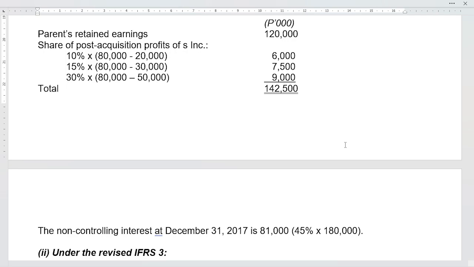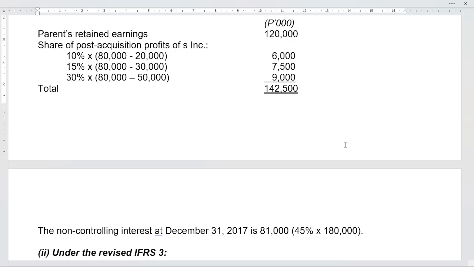The non-controlling interest at December 31, 2017 is, di ba ito itong 45,000 pag-aari ito ni NCI, di ba? Now, itong 180,000, ito yung tawag dito ba?